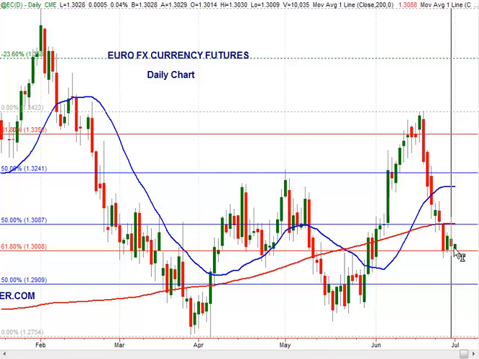Price going 78 pips, so below this 130.08, so they could move into the 129.40 area and then get a bounce.